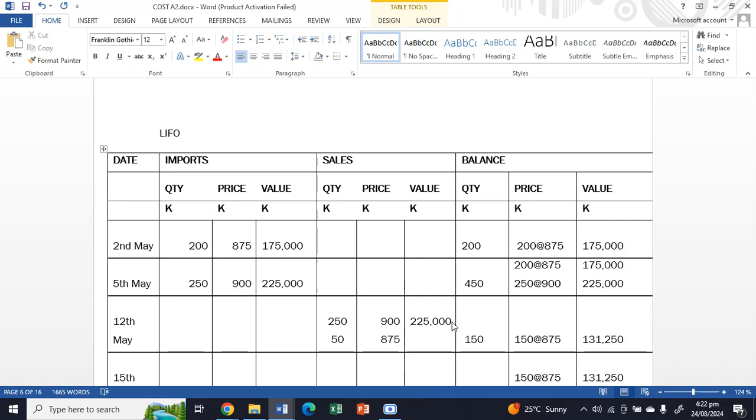Our calculators. 43,750. Yes. So we remain with 150 goods valued at 875.